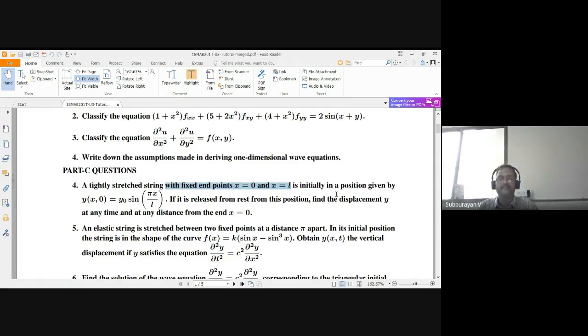We call this equation number 1, and apply the conditions one by one.